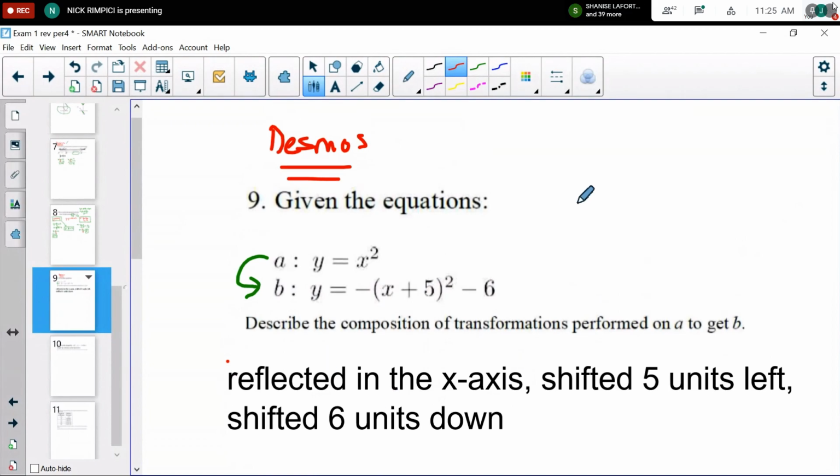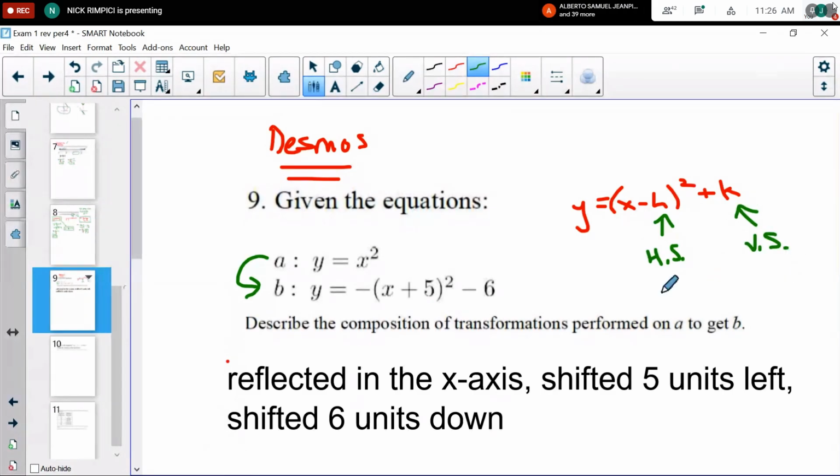Now, for somebody who wants to do it algebraically, and it can be done algebraically, if you know y equals negative (x minus h) squared plus k, all right, we know that h is horizontal shifting, and k represents vertical shifting.